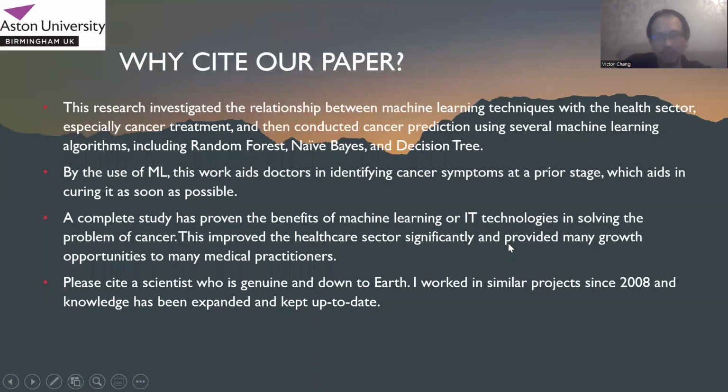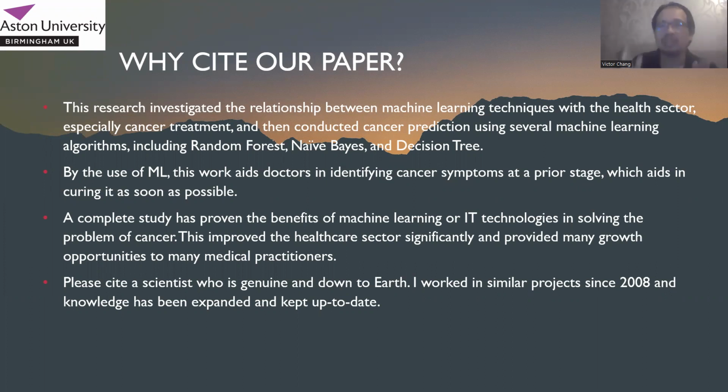Then why should you cite our paper? First of all, the research investigates the relationship between machine learning techniques and the health sector, especially cancer treatment, and conducts cancer prediction using several machine learning algorithms, such as random forest, naive Bayes, and decision tree. By using machine learning, this work helps doctors identify cancer symptoms at an early stage, which then helps them cure cancers as early as possible.